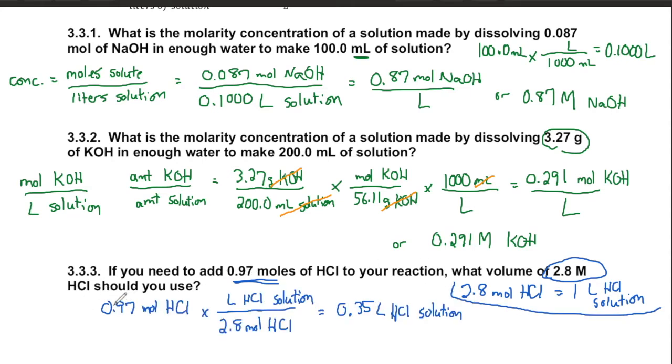So when we multiply this 0.97 moles of HCl by the conversion factor with moles in the bottom to cancel the moles, we end up with 0.35 liters of HCl solution needed. If you want to express this in milliliters, it would be 350 milliliters of the solution. I didn't really specify in the problem, I just asked for the volume. So either one of these would work.